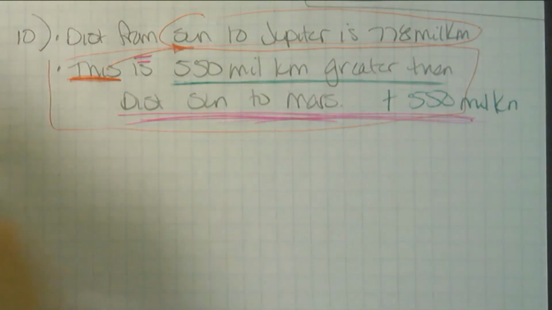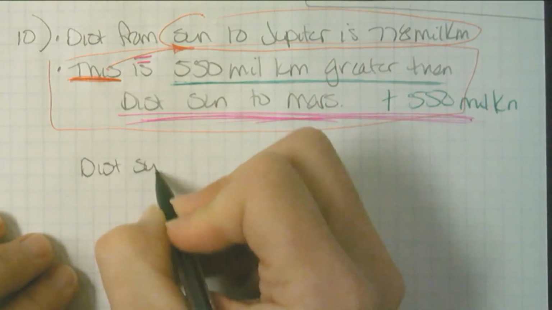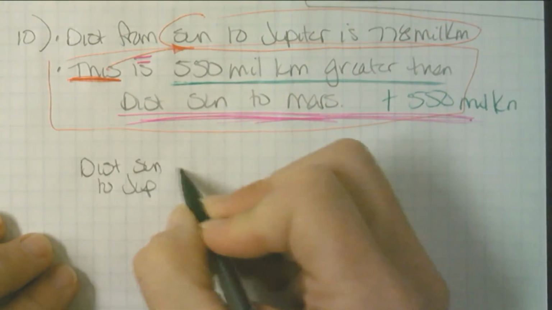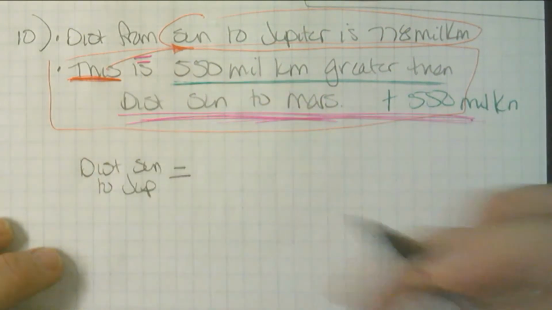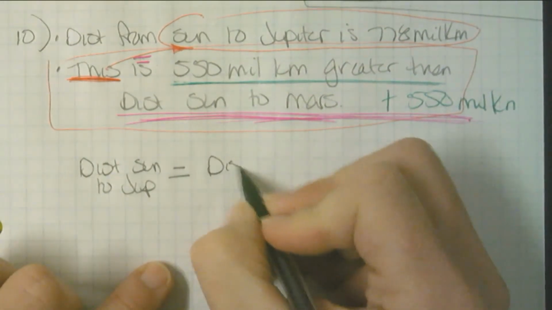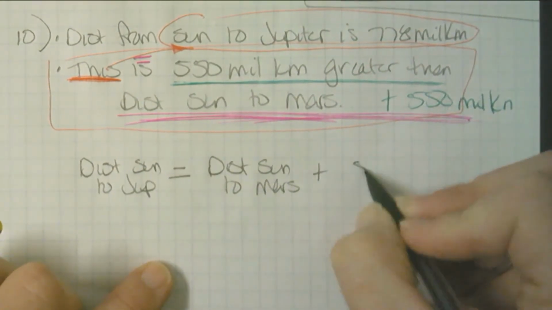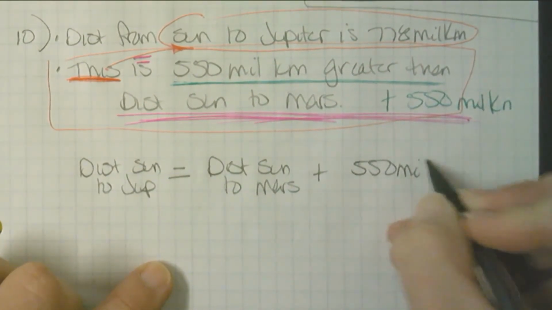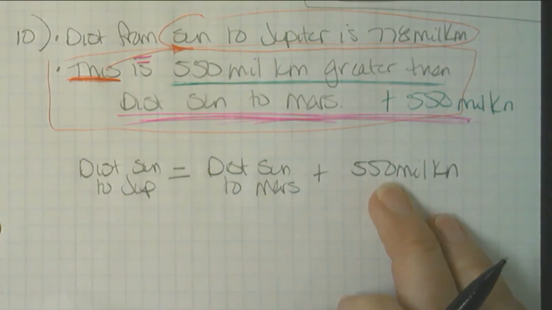So there is our game plan. Distance, Sun to Jupiter, equals, there's my equal sign, the distance Sun to Mars plus that 550 million kilometers. I don't really know how to explain that in words, so I'm just going to write it as that number.